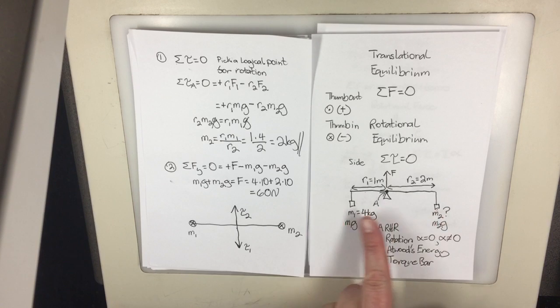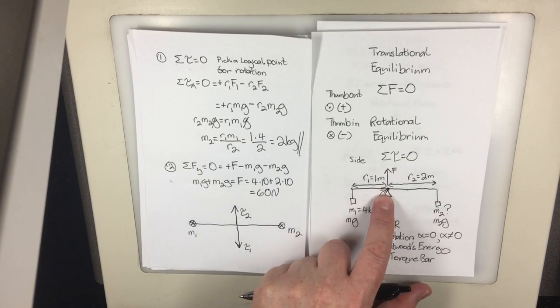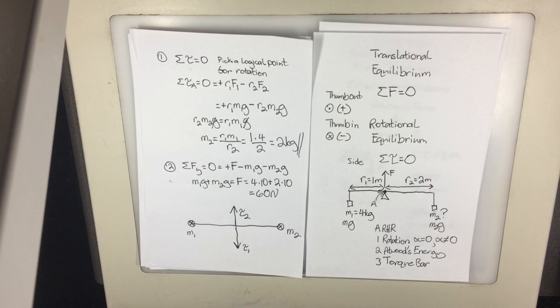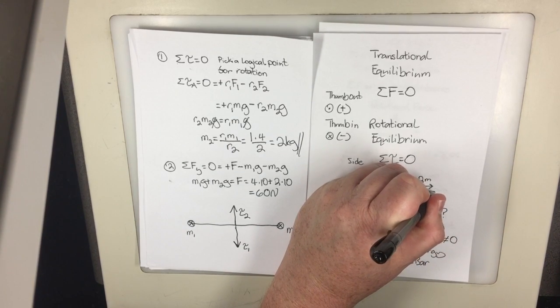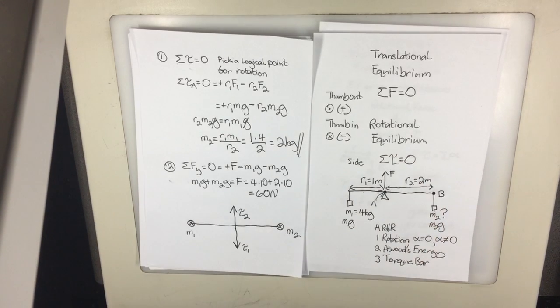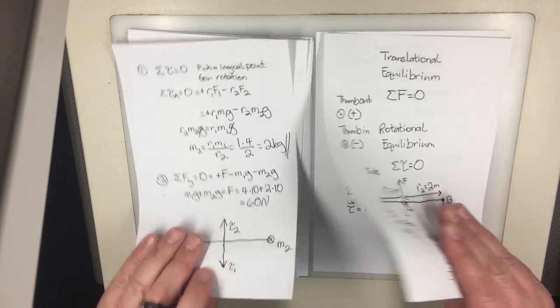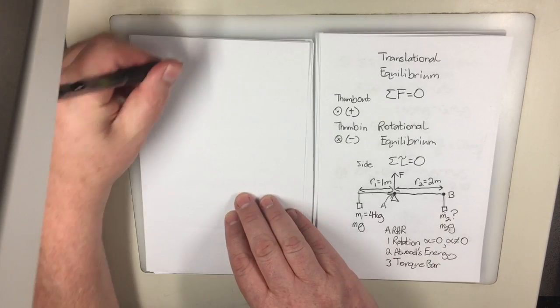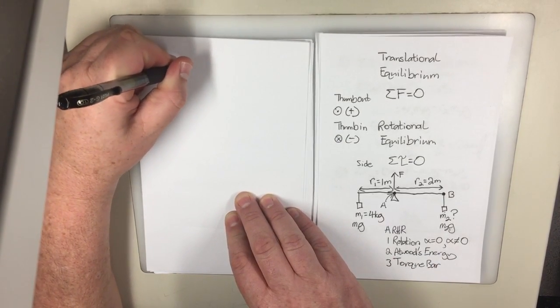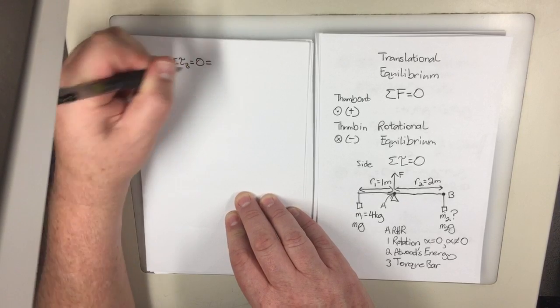So in this particular problem, I have 2 unknowns, M2 and F. I picked A as the rotation point because I could effectively eliminate F and solve for M2. What I'm going to do now is the same problem, but I'm going to pick B as the pivot point and solve for F. So with this, I know for a fact that the sum of the torques around point B are equal to 0.